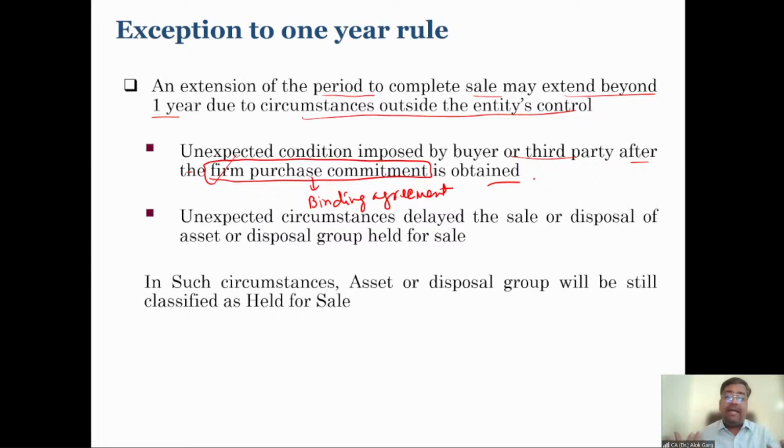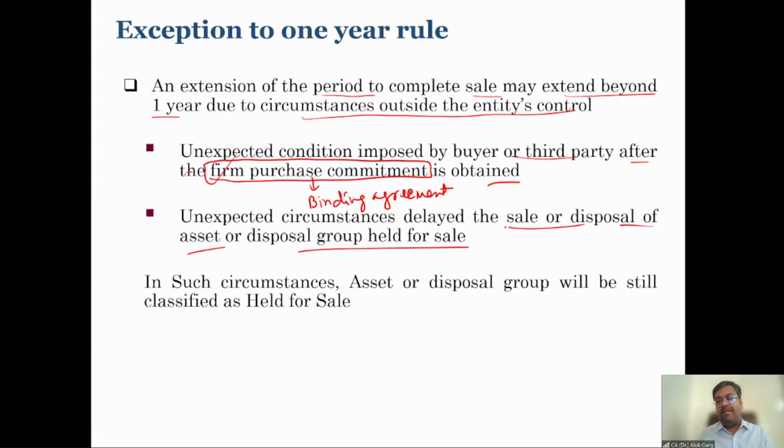So it will take some time, right? So friends, if there is a binding agreement and the buyer or a third party has imposed some condition, which takes the 1 year window to beyond 1 year, still it will be classified as sale is highly probable. Second, unexpected circumstances delayed the sale or disposal of the asset or disposal group held for sale.